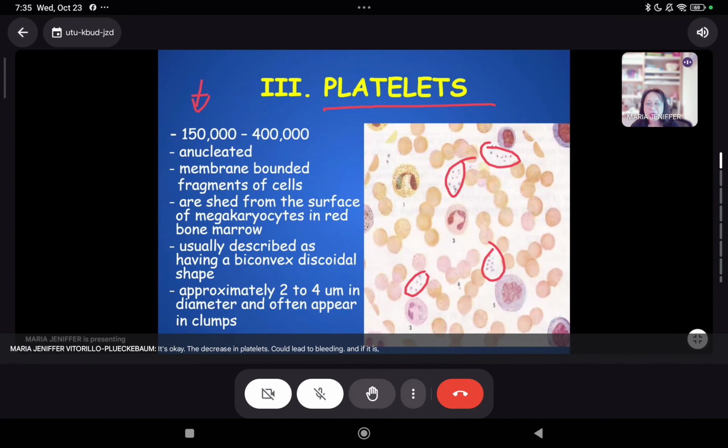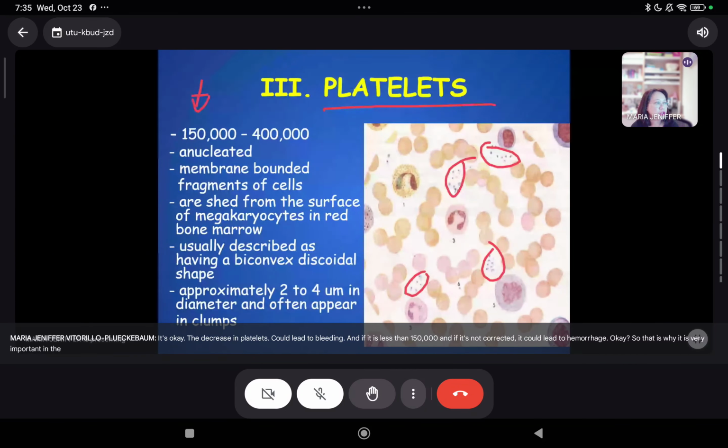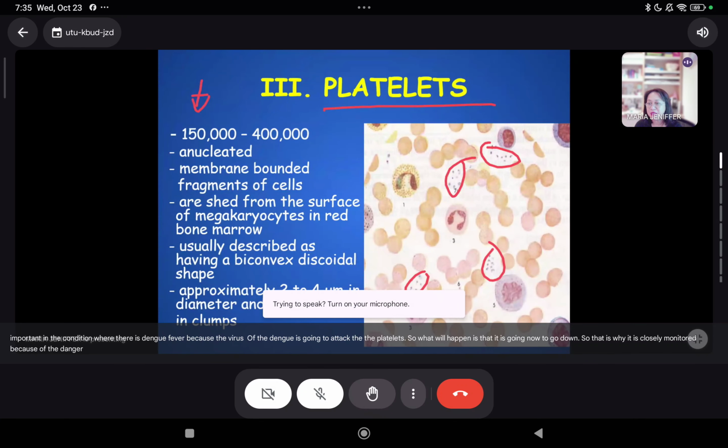And if it is less than 150,000, and if it's not corrected, it could lead to hemorrhage. Okay? So that is why it is very important in a condition where there is dengue fever, because the virus of the dengue is going to attack the platelets. So what will happen is that it is going now to go down. So that is why it is closely monitored because of the danger of bleeding.